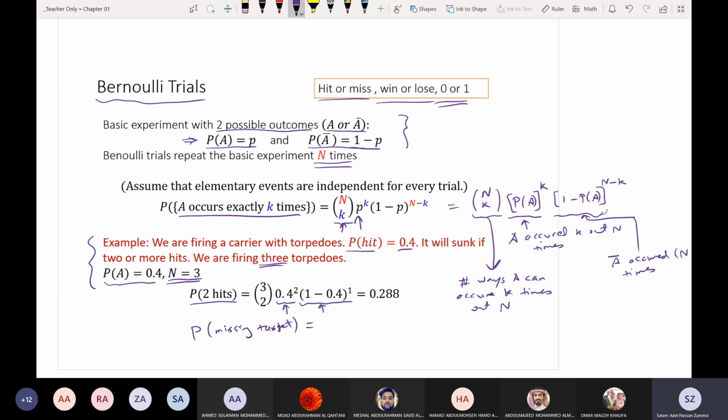It's the same setting, the same question, same probabilities. The only thing I'm asking is, instead of 2 hits, I missed all 3 of them. Is it clear?